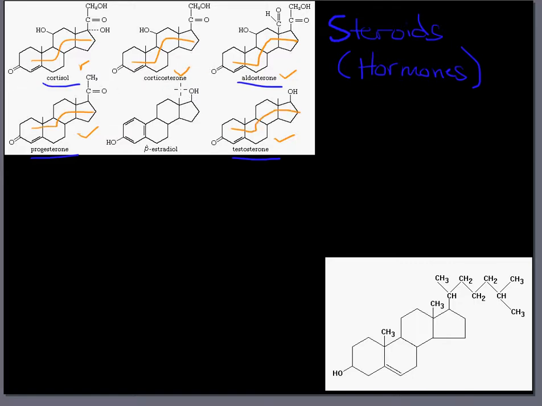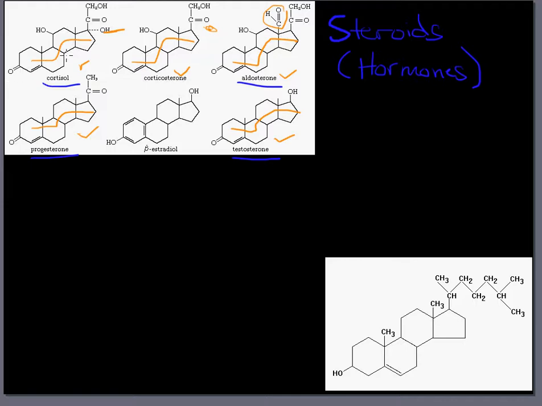Okay, now, we can't say they're the same chemical formula. They're not isomers of each other because you have an extra OH group here, whereas here you don't have an OH group. It's missing. Here you have this thing, whatever it is. It's actually an aldehyde sticking out there. That's how you get aldosterone, aldehyde, ALD in the front of it.